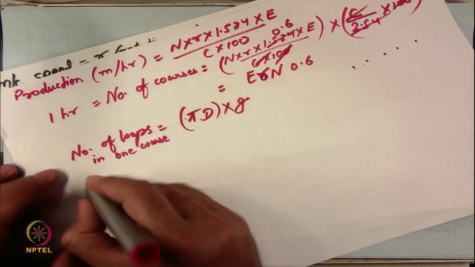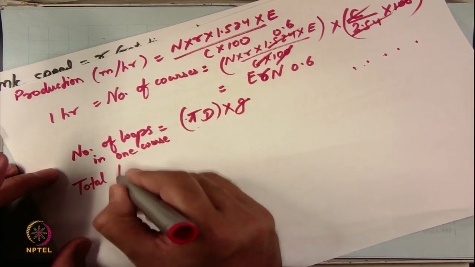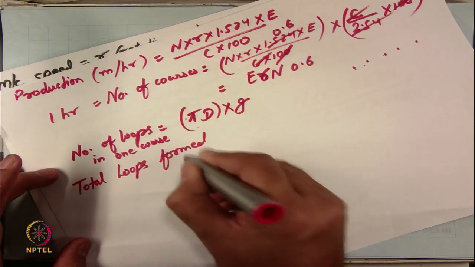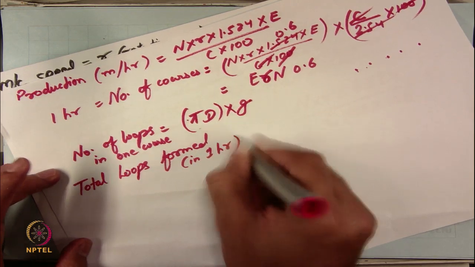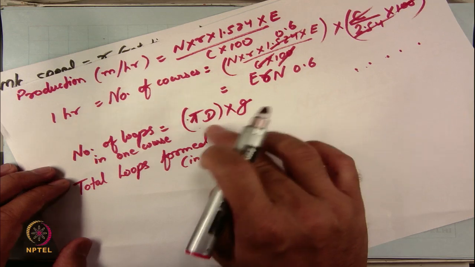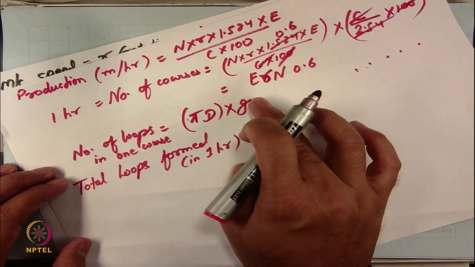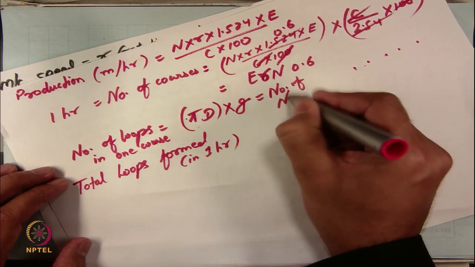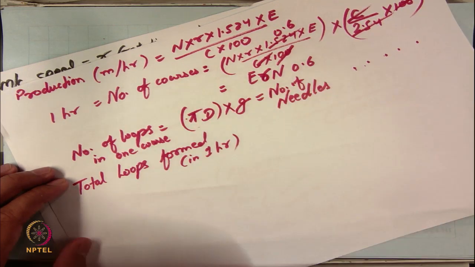So, total loops formed in 1 hour: you know how many courses have been formed, and this is the number of loops in one course, multiplying the circumference into gauge, because this will give you the number of needles, and each needle will be making one loop.